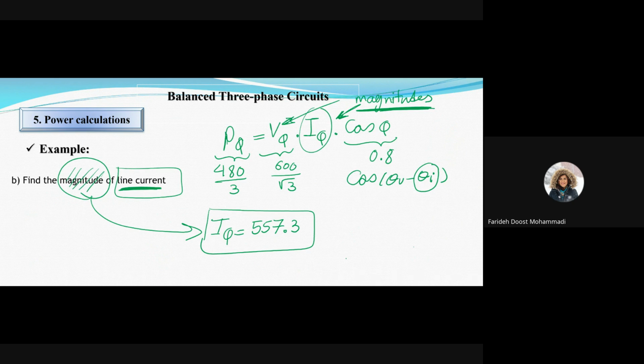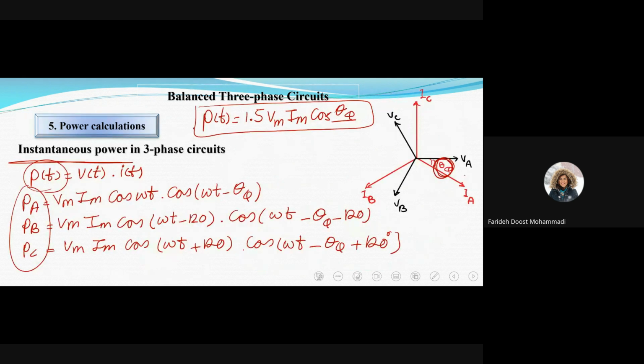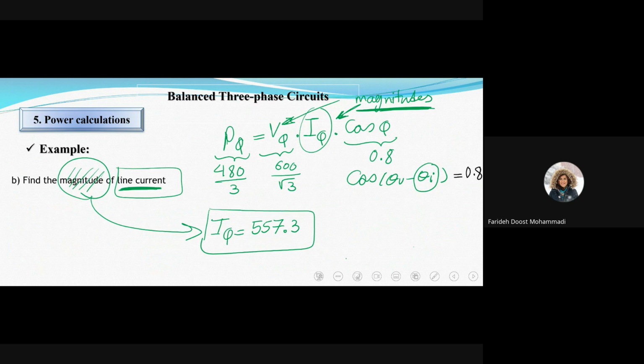I know that the power factor is 0.8, and because the voltage doesn't have any angle, I can make the assumption that the angle of the voltage is equal to 0. So I can say that cosine of theta I is equal to 0.8, and I can solve for the angle. Theta I would be 37 degrees. But because the load is a lag load, I need to add a negative here. So the angle is minus 37 degrees.